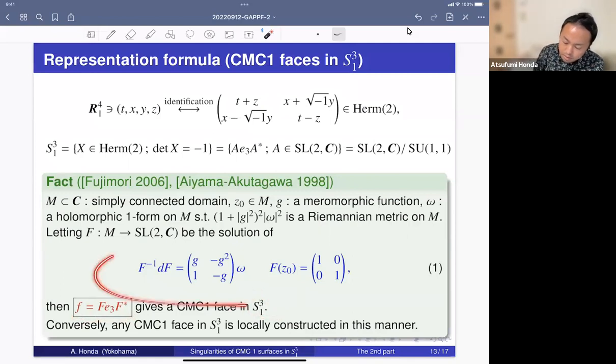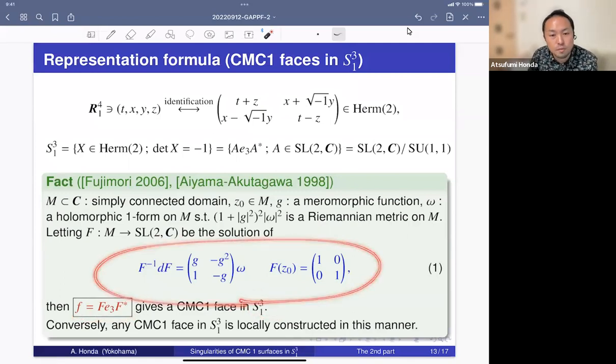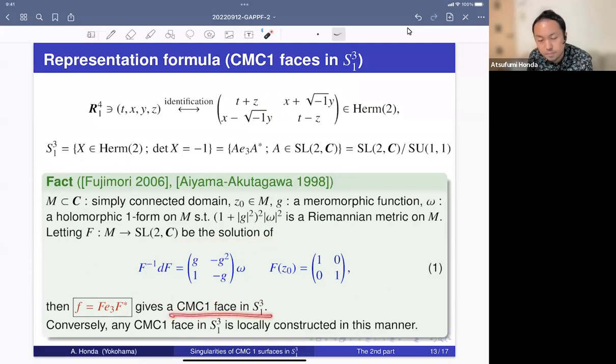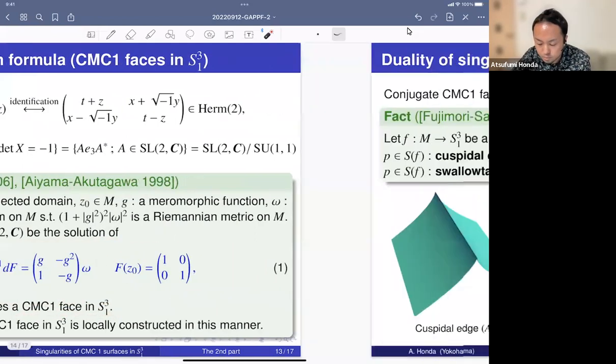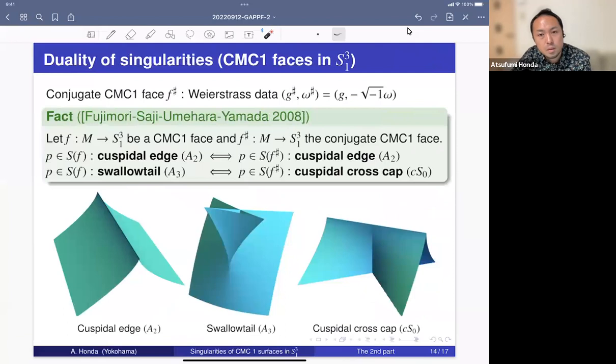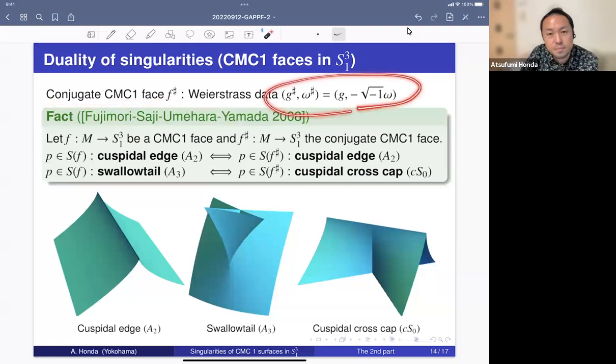So this is a representation formula for CMC-1 faces. As in the case of Minkowski space, for duality of singularities, we can define the conjugate CMC-1 face in this way.